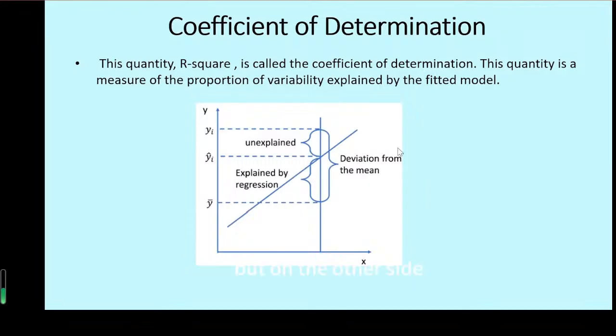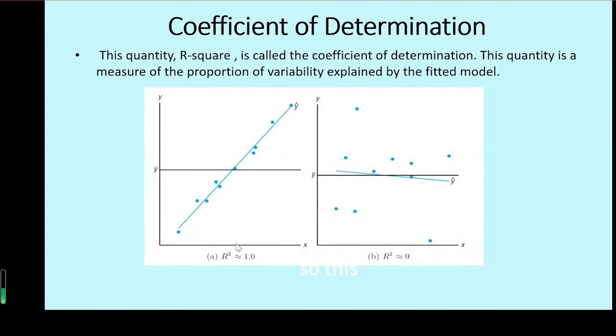But on the other side, if the error term is very big, only a very small part of the variation of the y variable is explained by the model. So it's a very bad model. This figure shows two kinds of model. This is the y bar, the points are the y observations, and this is the fitted line.